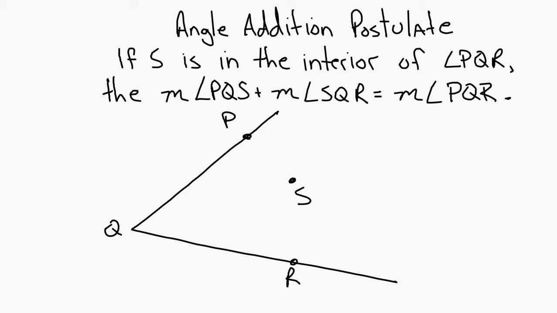And then take a ray and put it through S from Q. We've now created three angles.